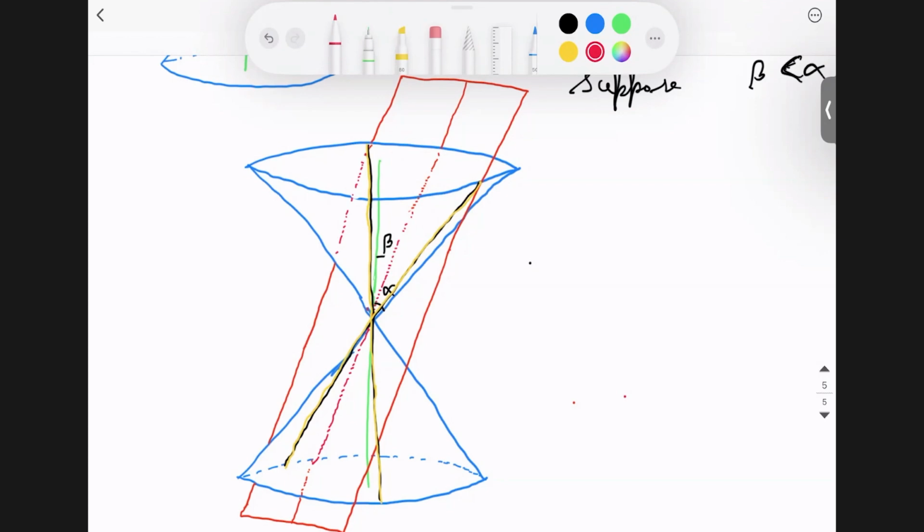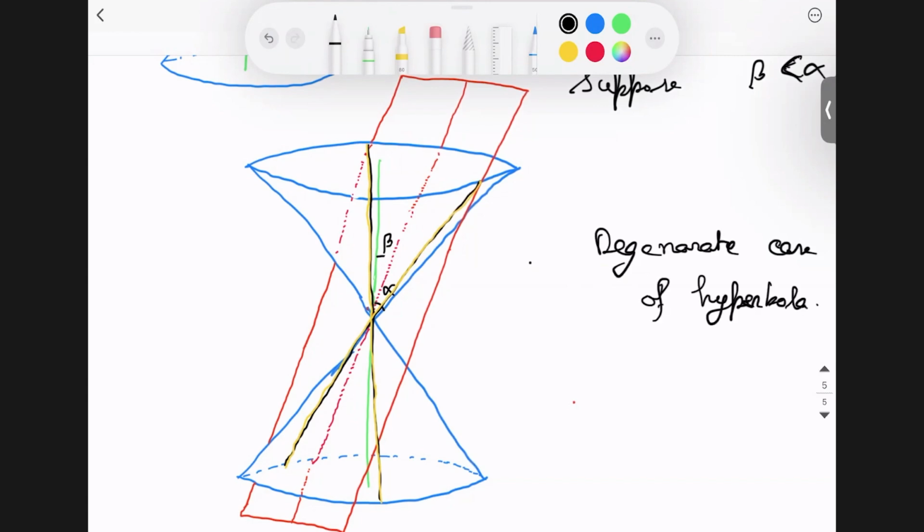Okay, so this is called a degenerate hyperbola. Sorry, degenerate case of hyperbola. Okay, why is it a degenerate hyperbola?